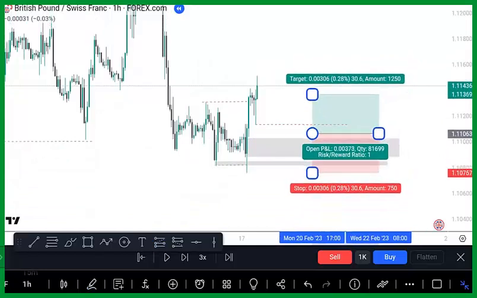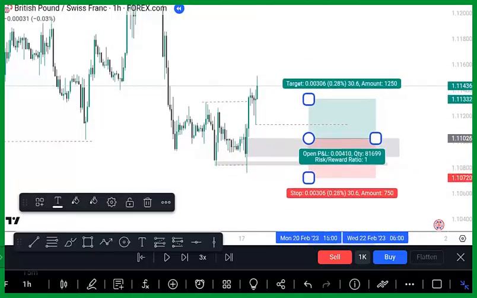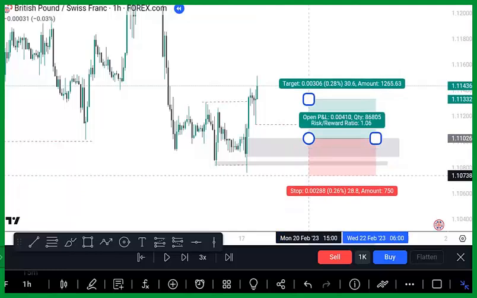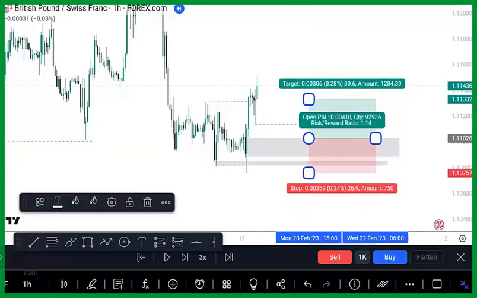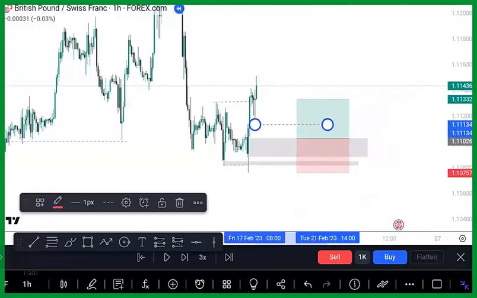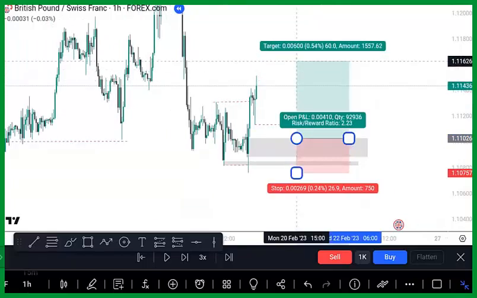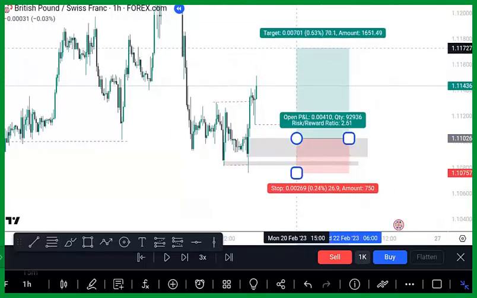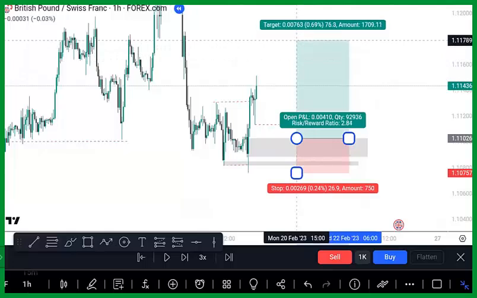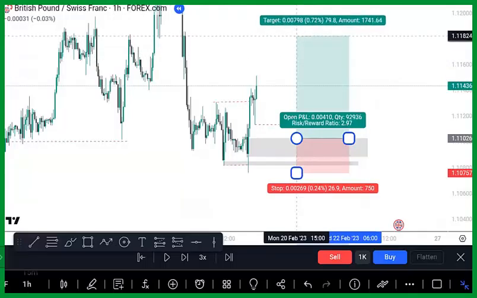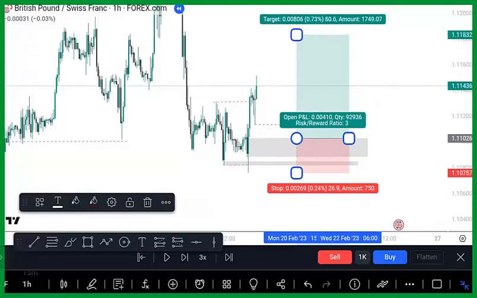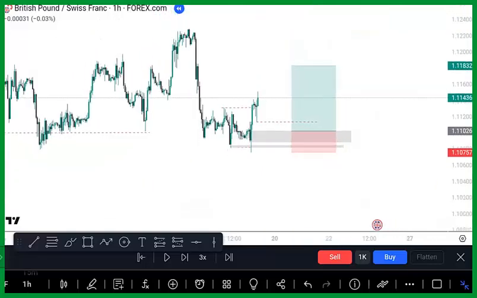and extend it below. I like doing 1 to 3. If it will not give me a potential of 1 to 3, of course, it is quite huge because we are in a 1 hour time frame, right?